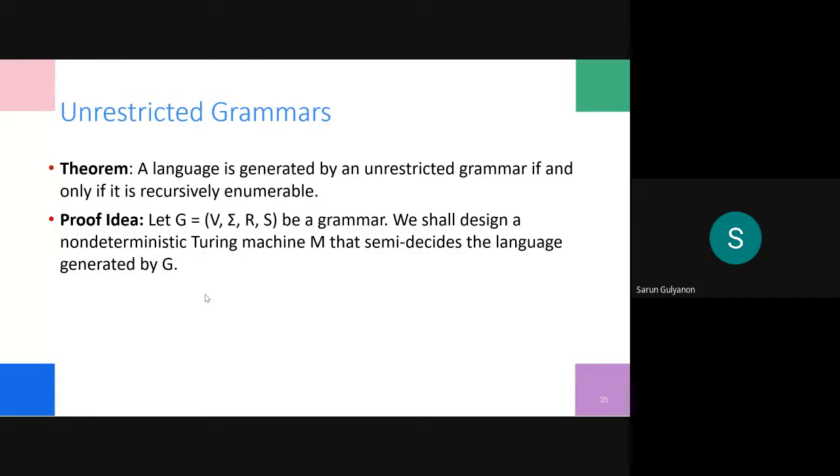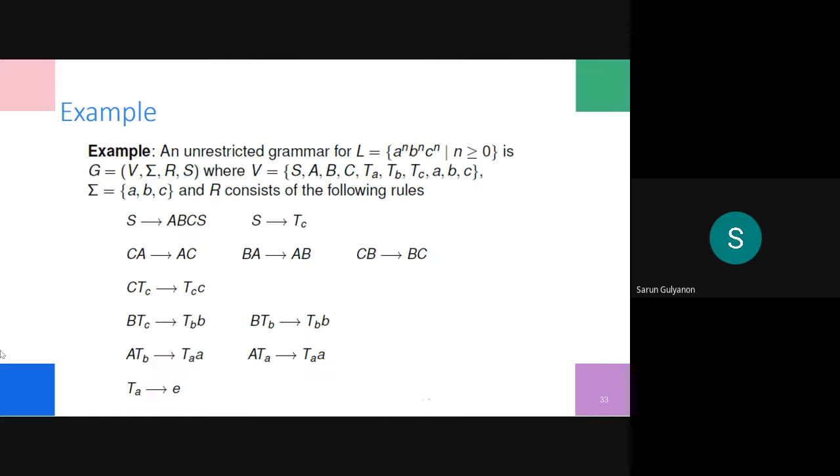Okay, and that is how we can prove that an unrestricted grammar is recursively enumerable. Here you might argue, why not use the same idea to prove that it is a recursive language? The problem is that with the unrestricted grammar, as you can notice earlier, we can apply the rules forever.